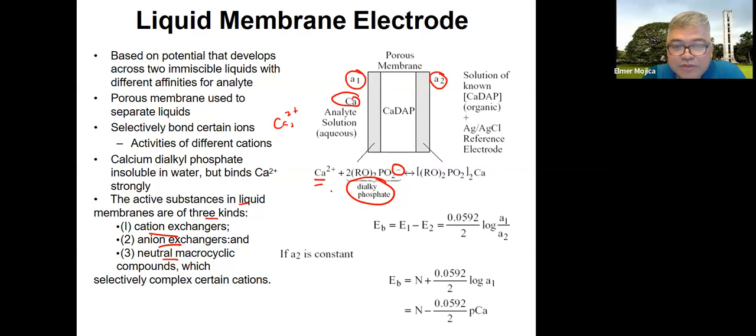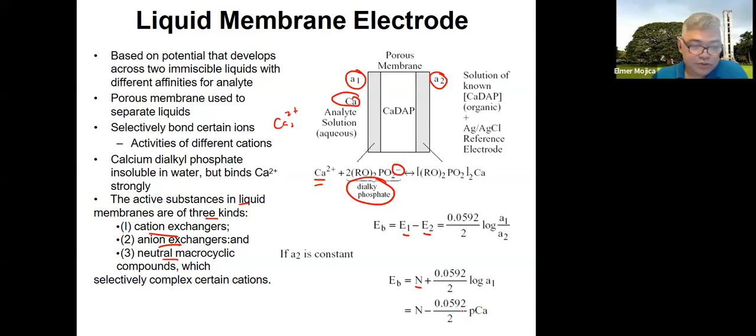If you look at the potential that is developed here, you can have it as E1 minus E2. And if the activity 2 is constant, you end up with N plus 0.0592 divided by 2 times the pCa.